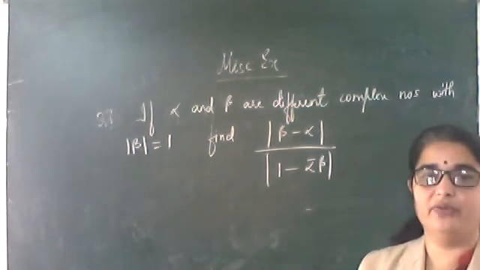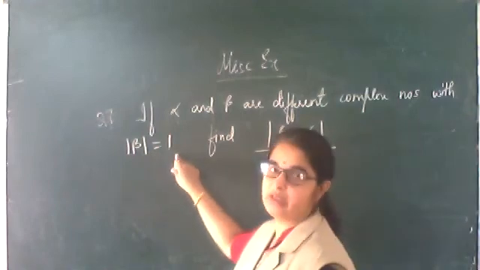You have to find the value of this when modulus of beta is equal to 1.